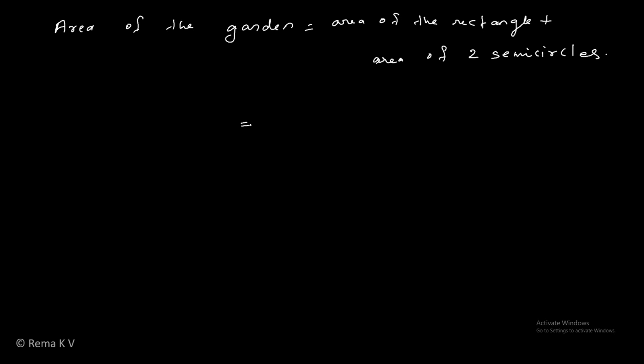This is equal to the area of the rectangle, length into breadth, plus the area of two semicircles. Two semicircles make a circle, and they are of the same radius. So we can write it as the area of one circle, which is equal to pi r square.